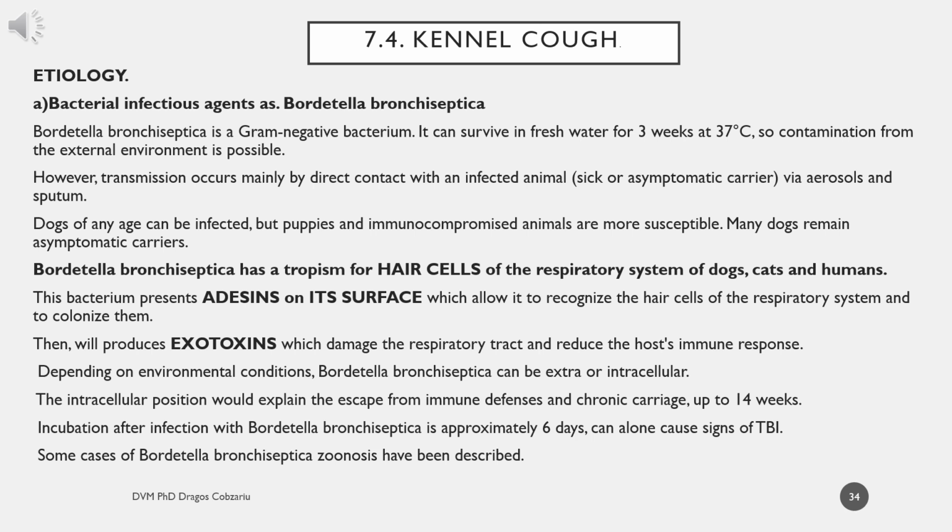Depending on environmental conditions, Bordetella bronchiseptica can be extra or intracellular. The intracellular position would explain the escape from immune defenses and chronic carriage, up to 14 weeks. Incubation after infection with Bordetella bronchiseptica is approximately 6 days, and it can alone cause signs of TBI. Some cases of Bordetella bronchiseptica zoonosis have been described.